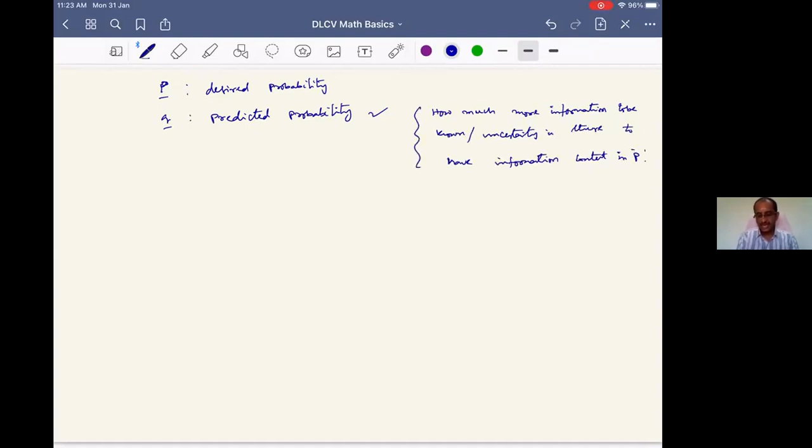Also, if we don't have any information, then we start by finding the desired probability. Then what is the measure of this desired information?